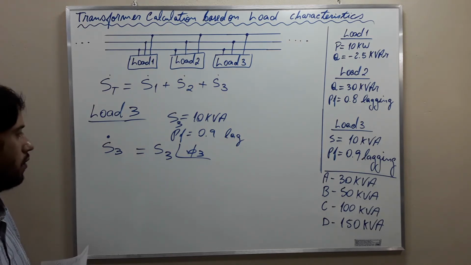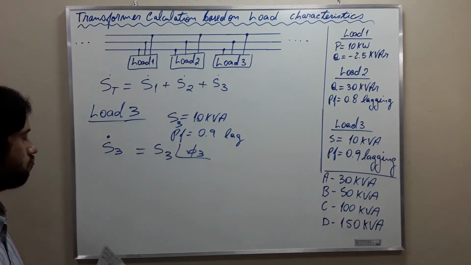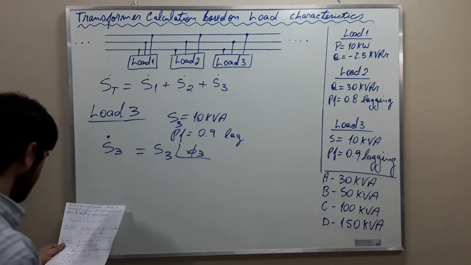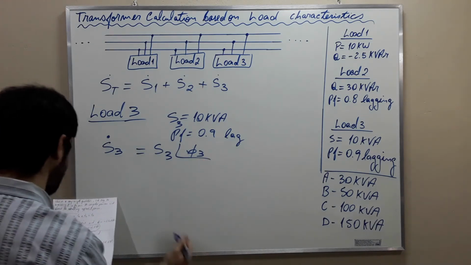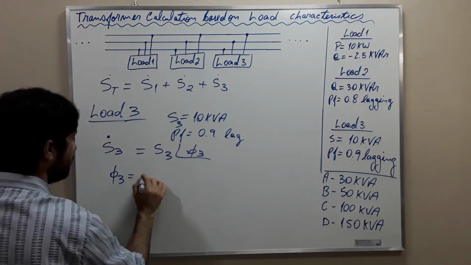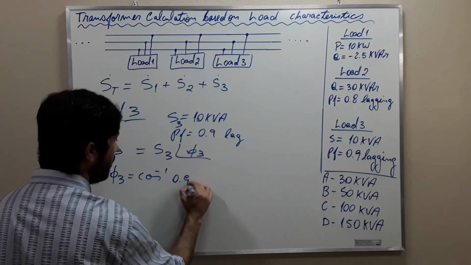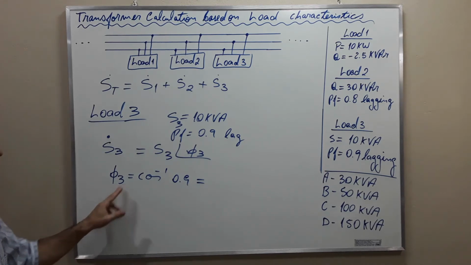Alright? This is the apparent power and this is the complex power. And how do we find this angle here? We simply calculate the inverse cosine. The inverse cosine of 0.9 is equal to this angle here.